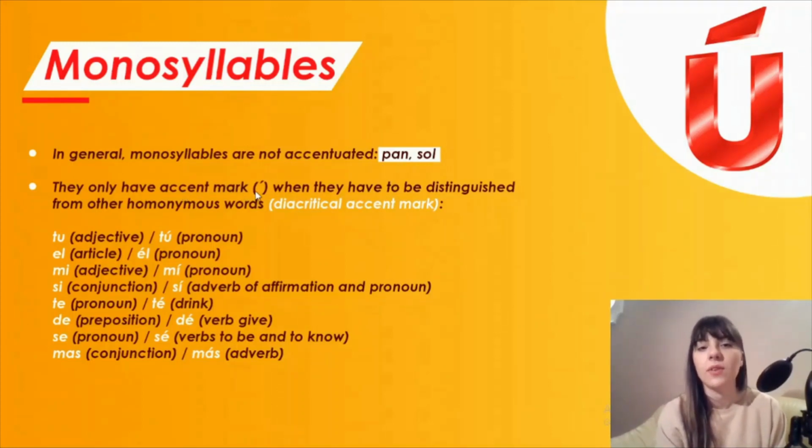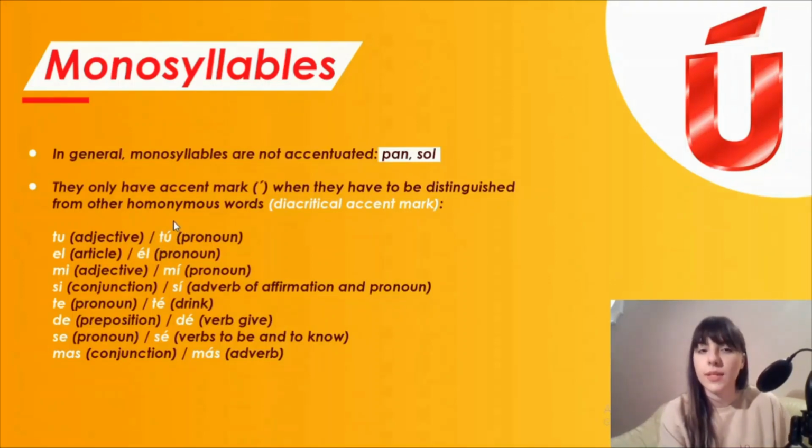But they have an accent mark when they have to be distinguished from other homonymous words. Let's see the examples. The word tu, when it's an adjective, doesn't have the accent mark, but when it's a pronoun, it has an accent mark. So we distinguish this word by adding the accent mark.